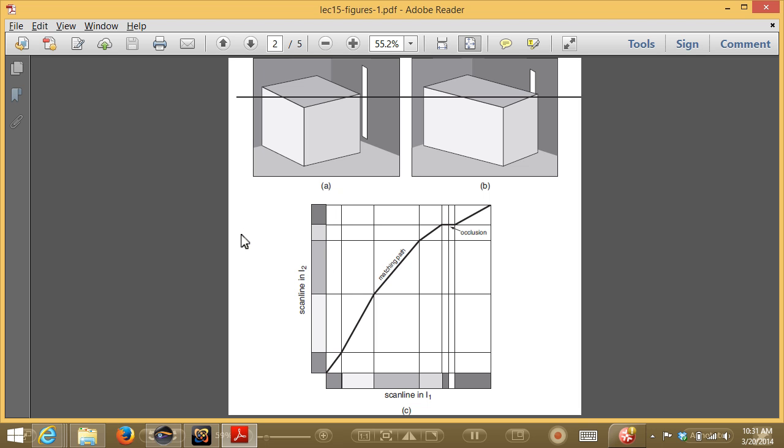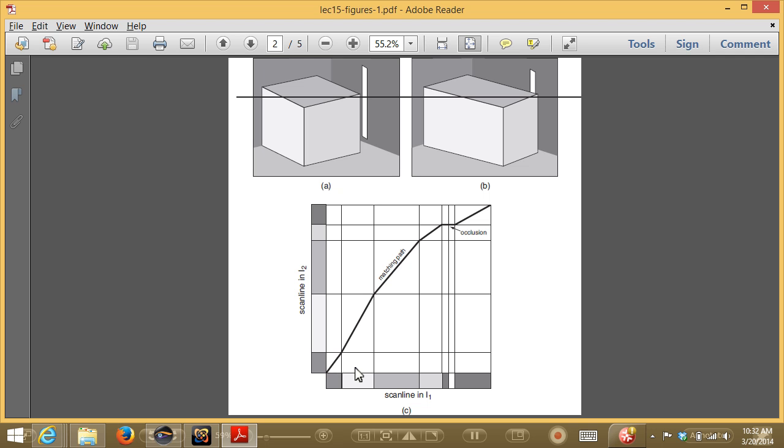And how would I do that? One way to think about it is dynamic programming. I can represent a matching by a path that goes from the lower left-hand corner of this graph to the upper right-hand corner. That's like saying I start matching both scan lines at the left edge, and they both have to end at the right edge, and along the way I generate a correspondence between the two scan lines at the same time.